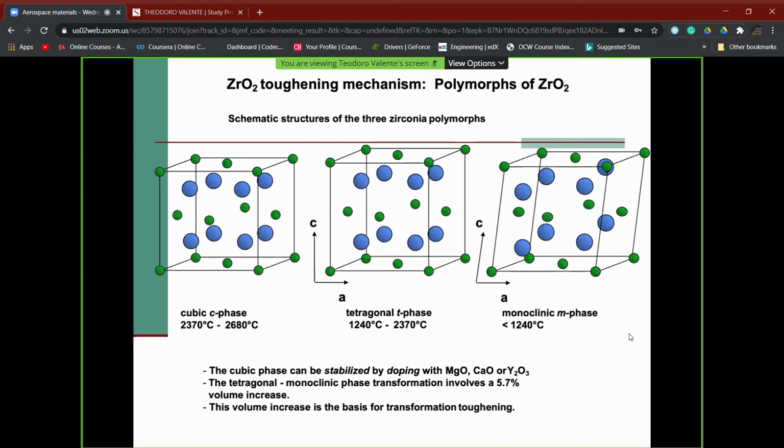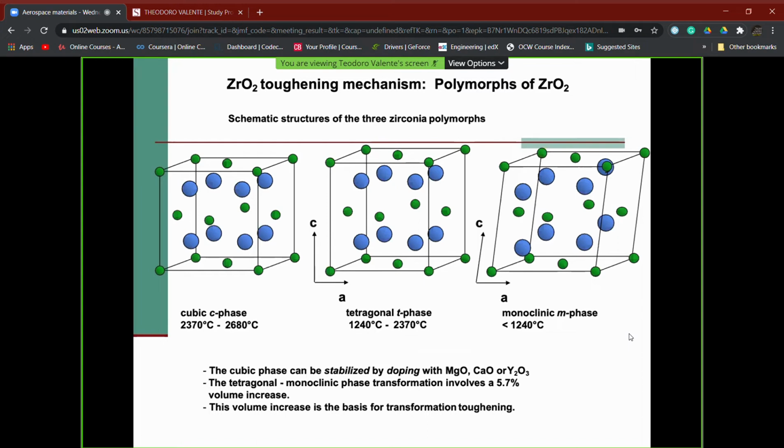And what is the drawback with pure zirconia? The drawback is the tetragonal to monoclinic or monoclinic to tetragonal transformation. We have transformation from tetragonal to monoclinic if you cool. We have transformation from monoclinic to tetragonal if you give temperature, to heat.